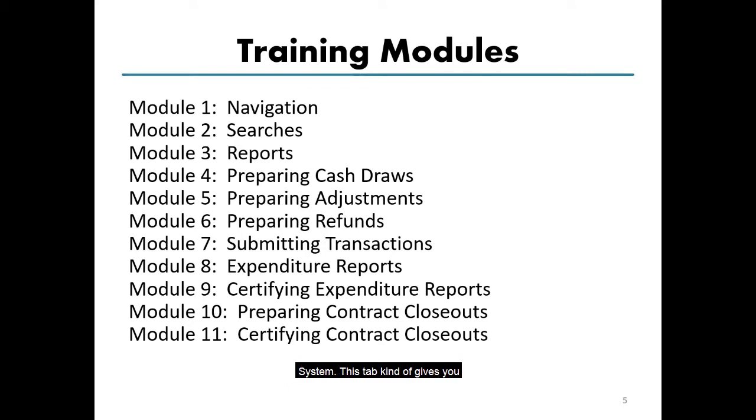This tab kind of gives you an indication of what is included in each of those training modules, including how to navigate the system, how to prepare cash draws and adjustments, how to submit transactions, and how to prepare and certify expenditure reports or contract closeout packages.